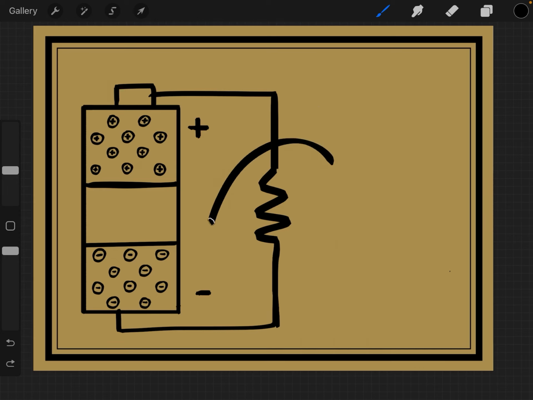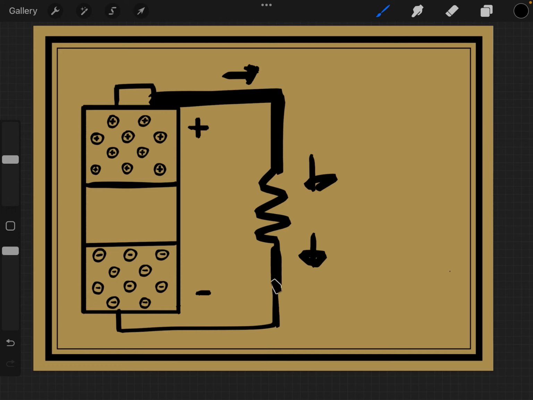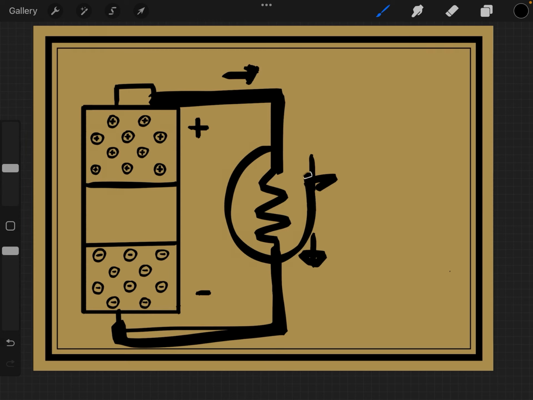This means that if we're restricting the current here, and the current coming out here is only very small, then the current going in here must also be very small. And the current coming along here must also be very small. Even if this is a perfect conductor and this is a perfect conductor, the current of the whole circuit is going to be limited by this resistor because the current going in must be the current going out.